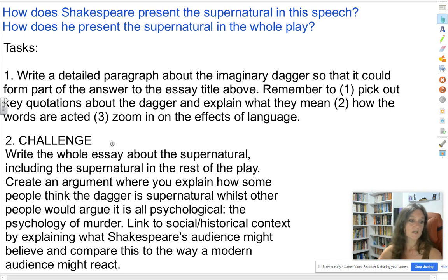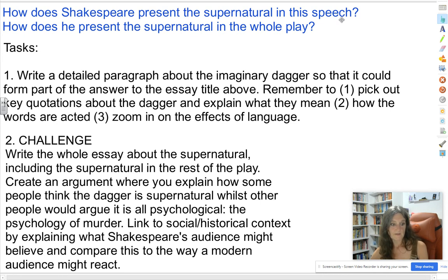So the second one's the challenge task, and that's to have a go at writing the whole essay. If you have a go at writing the whole essay, try to include the second part of the question. You can do that separately, or you can just bring it all in when you're talking about the dagger. What I'd like you to do, if you're going for the whole essay, is create an argument where you explain how some people think that the dagger is supernatural, whilst other people would argue it's all psychological.